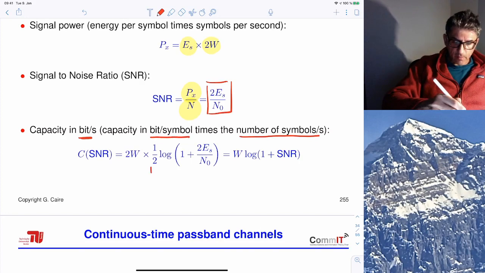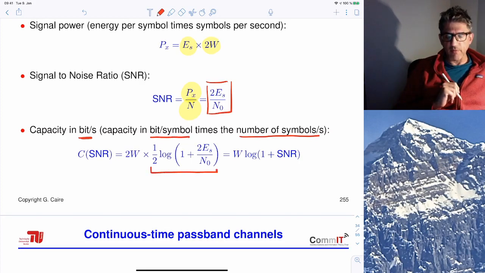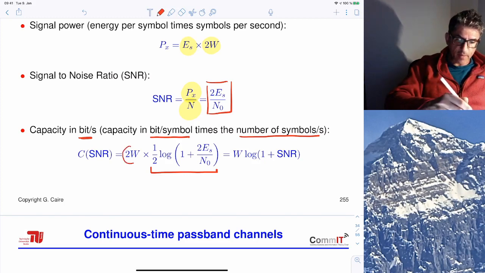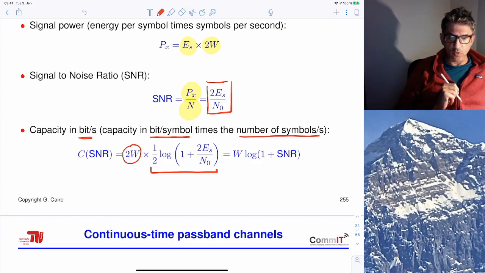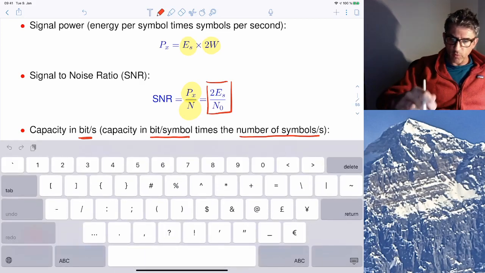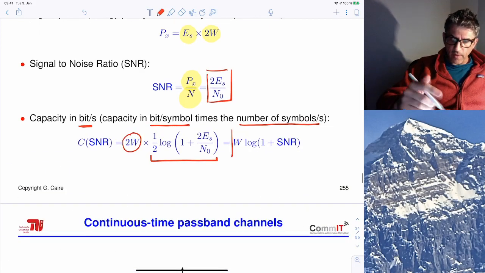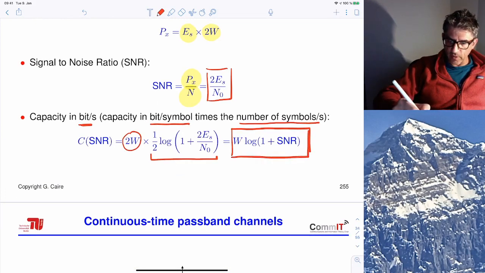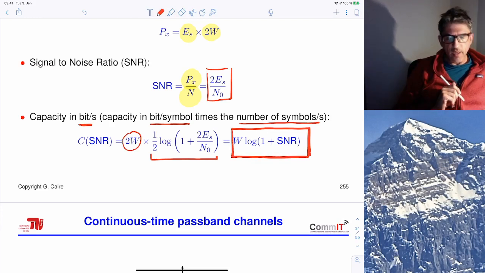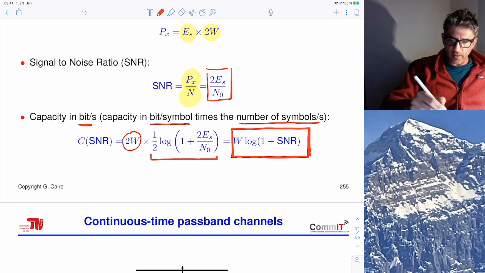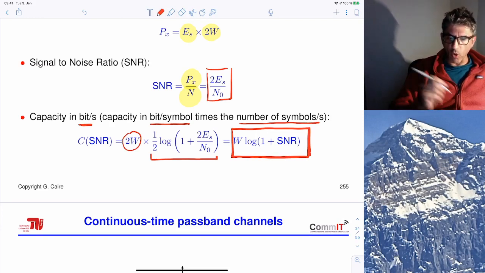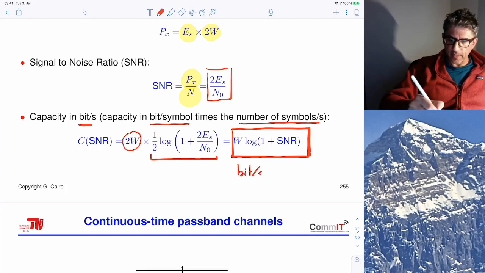But the capacity in bit per symbol is this quantity we have already computed, and the number of symbols per second is the playback rate of our signal samples, which is 2W, and therefore we arrive at the famous, even more famous formula, also referred to as the Shannon formula, that the capacity of the band-limited AWGN channel is W, the channel bandwidth, times log of 1 plus SNR. And this is measured in bit per second.